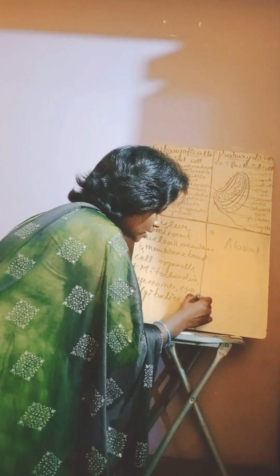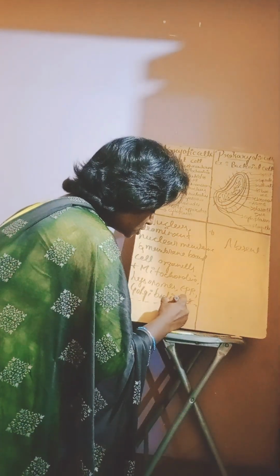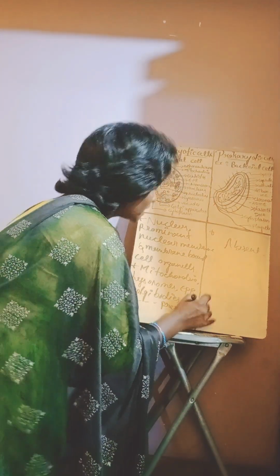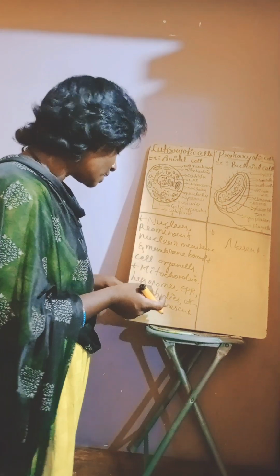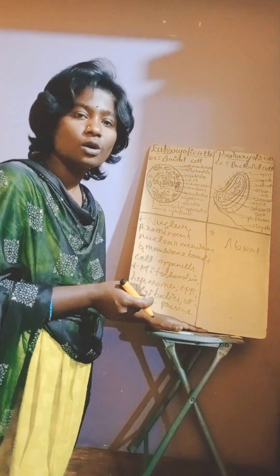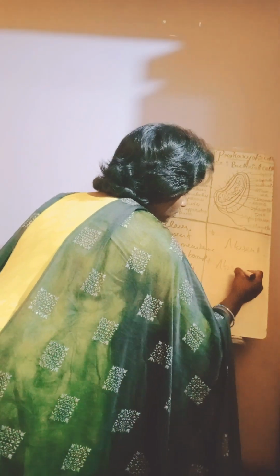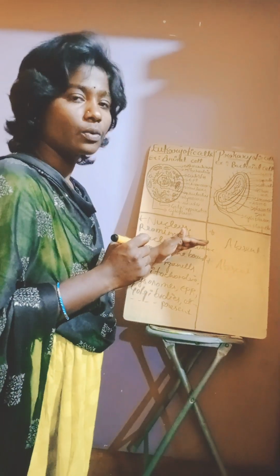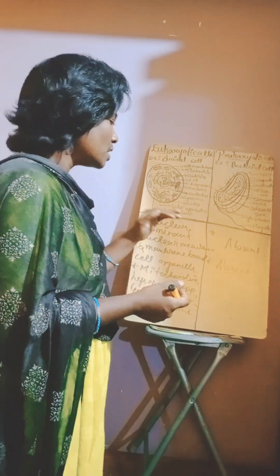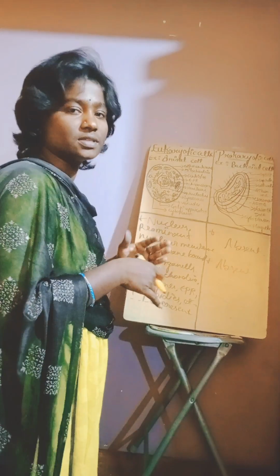These are the membrane bound cell organelles present in eukaryotic cells. Whereas in case of prokaryotic cells, mitochondria, lysosomes, endoplasmic reticulum, Golgi bodies, such type of cell organelles are completely absent. Clear? So this is the basic or major difference between the prokaryotic and eukaryotic cells. So now let us see the further differences between these two types of cells.